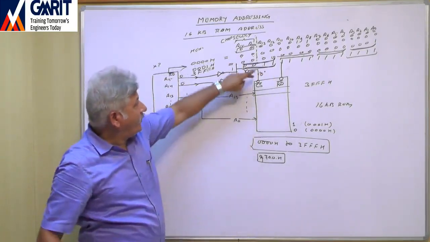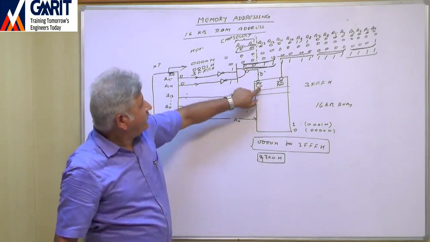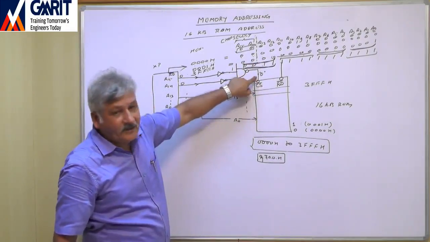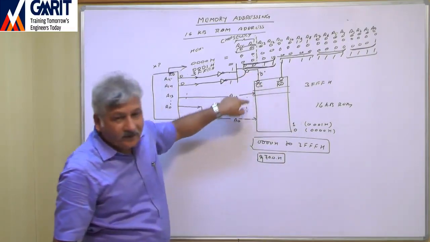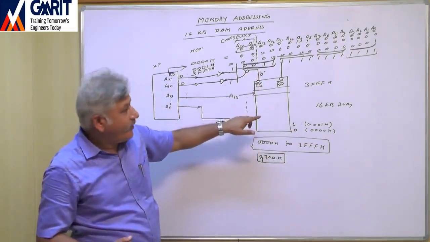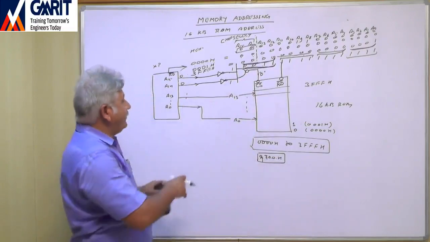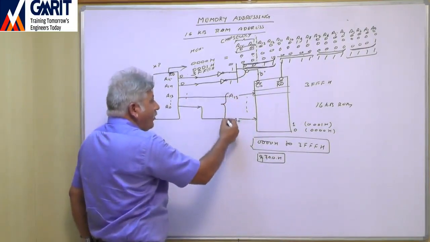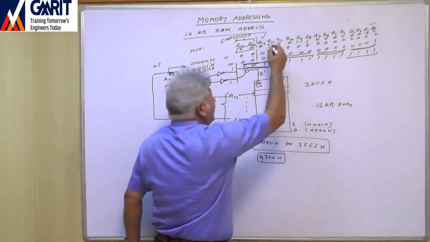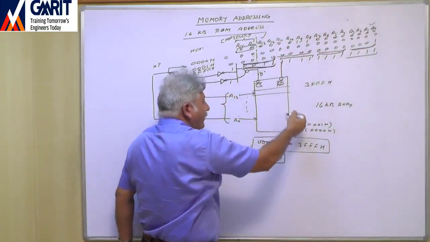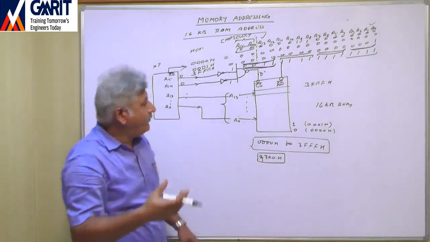So if here you will get 0, then this CS bar will get 0. And once it gets 0, this chip will be selected. It will be activated. Now once this chip is selected, then depending upon the value of A0 to A13, any one particular memory location will be activated.